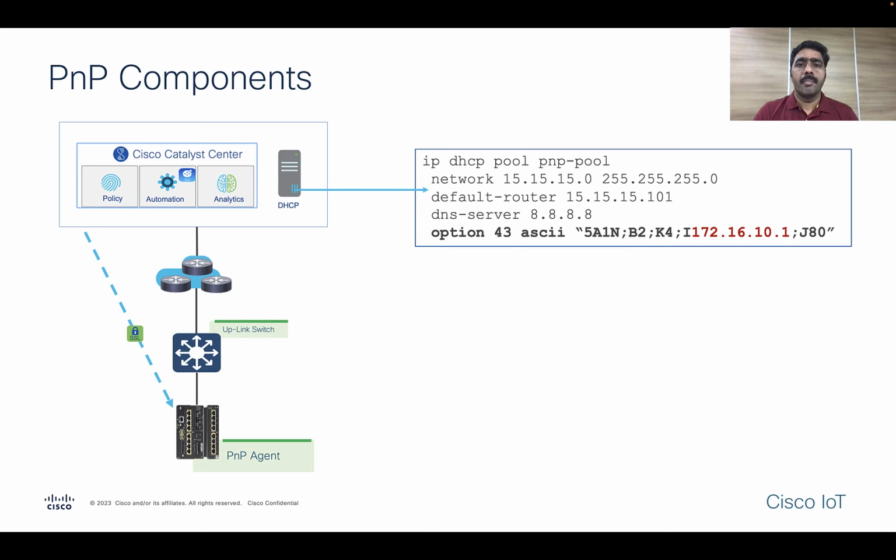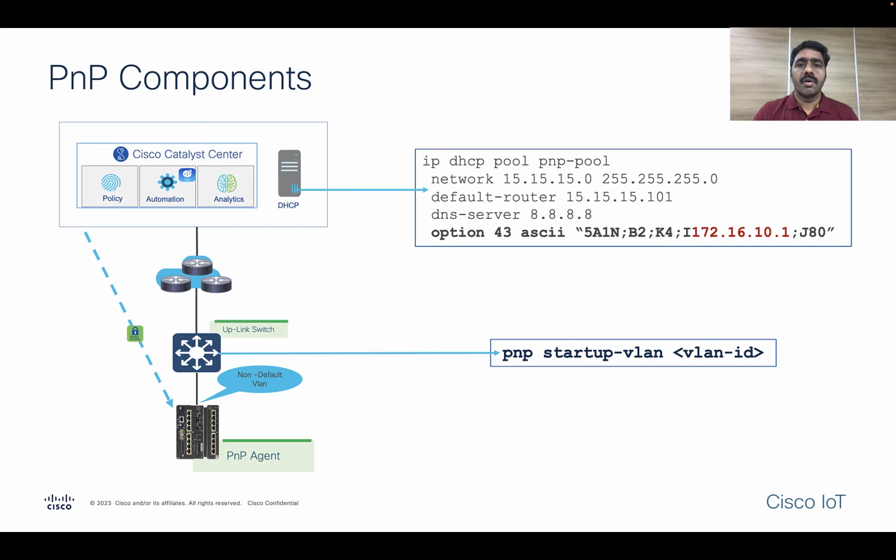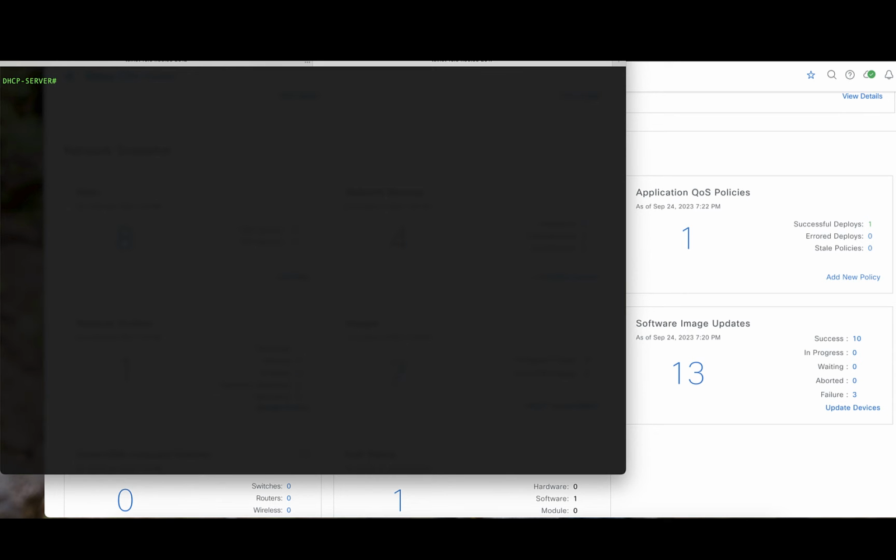By default, PNP triggers on VLAN 1. In this demo, we have configured a PNP startup VLAN on the uplink device so that it would instruct the new device to communicate over VLAN 15 for the PNP instead of the default VLAN 1. Let me show you the DHCP configurations we have made.